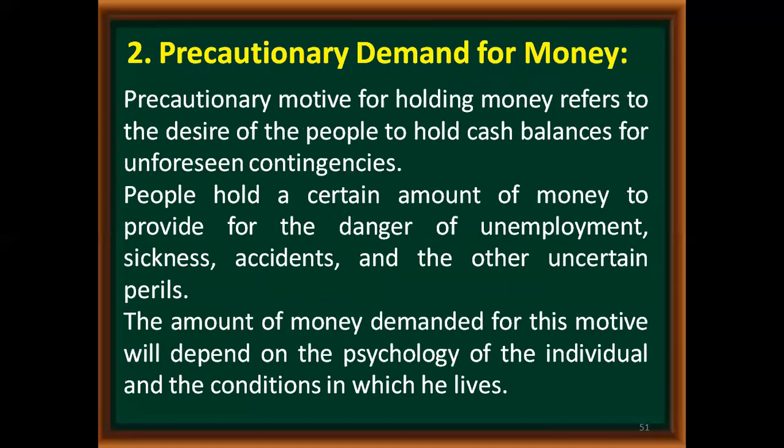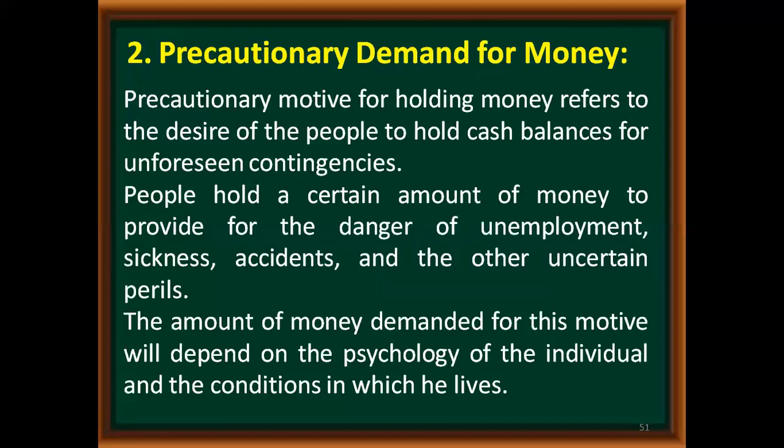The second reason why we would like to hold cash is the precautionary motive. We know that the future is uncertain, and in case of any emergency or contingency, we need to have money as ready cash. So we keep cash for meeting our unforeseen or contingent requirements.